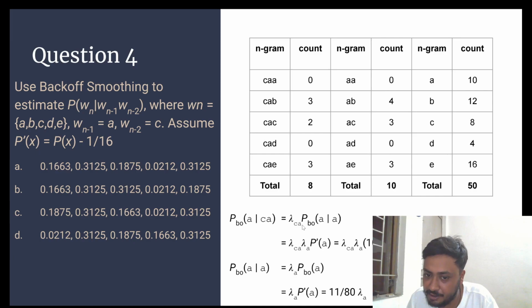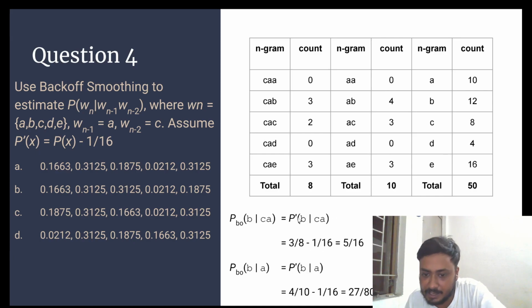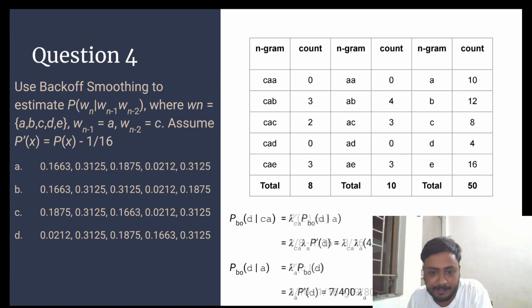When it is not 0, we directly use the discounted value. And it is recursive, you keep on applying it until you reach the unigram level. Okay. So C given CA we also calculate like that.